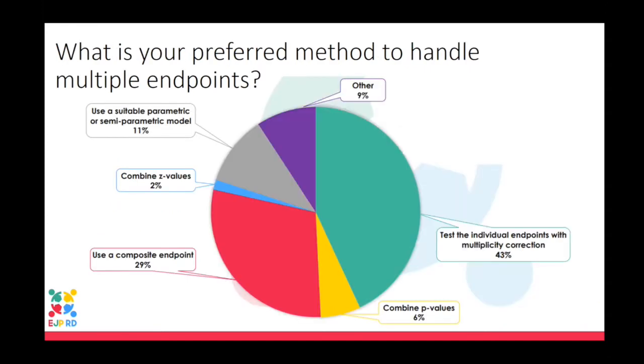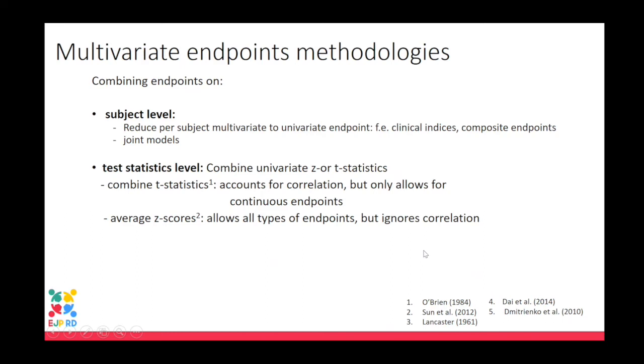And in fact, you showed indeed that these parametric and semi-parametric models and the composite endpoints are quite often used, and one of the methodologies that you have indicated to prefer, next to also the multiplicity correction. I will come to that in just a second. So this is one way we can combine at the subject level.